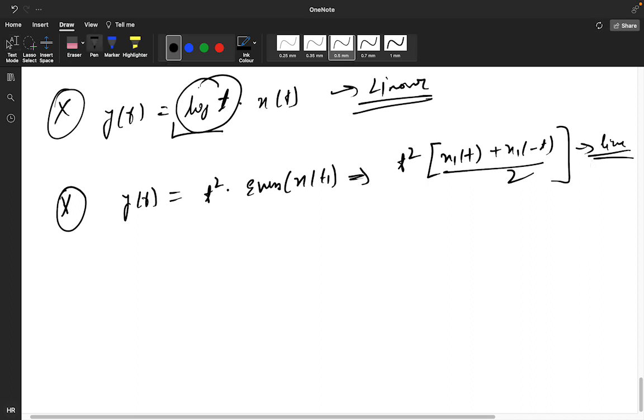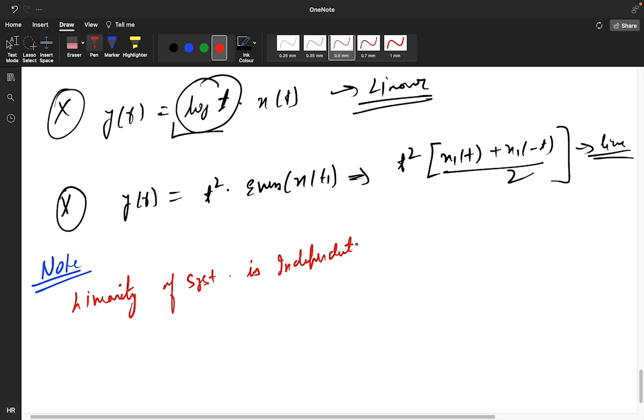Okay, so from what you understood from all this, note it down: linearity of system is independent of coefficient used in system relationship.